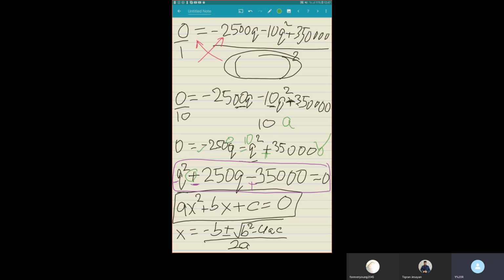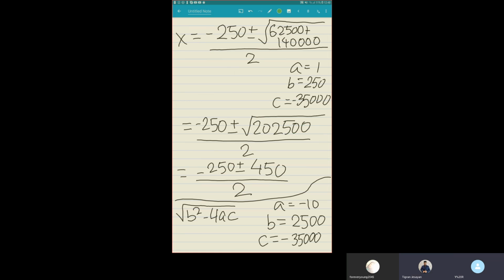So what is A? A is plus 10. For B, it's 2500Q. For you, yes, that's 2500. And C is minus 350,000, yes, right. So something is off with mine.